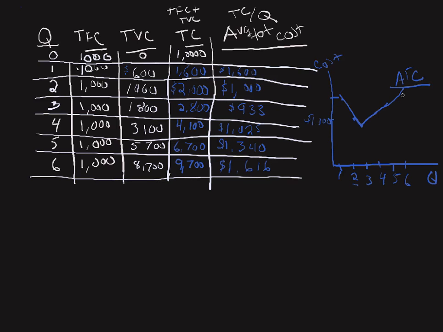Then it starts to go up. Why? Because as we increase production, we can't control our workforce. We have a fixed plant size. We put in more people and more materials. They're not as productive. Maybe they bump into each other. Maybe they start to talk to each other too much, and our average total cost starts to go up. That's why we have this kind of V or U-shaped average total cost curve.